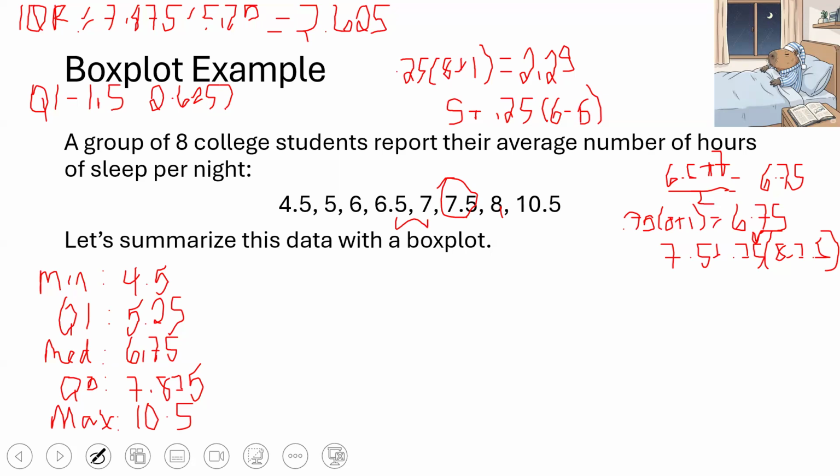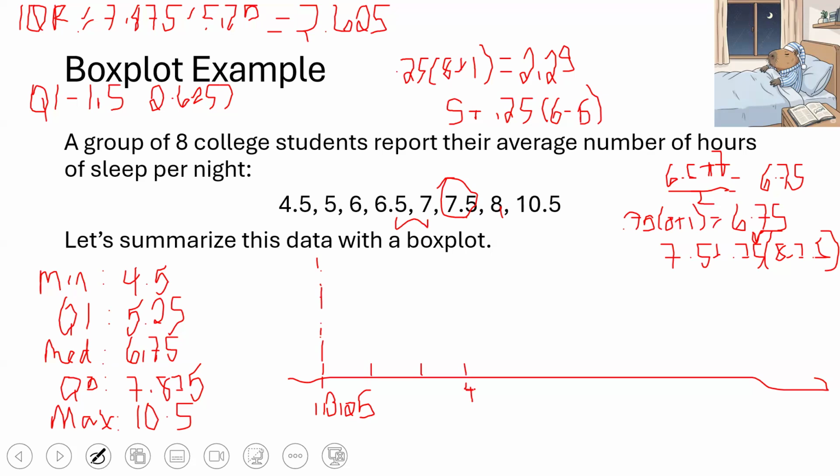So my lower fence is down here at 1.3125. That's the lower fence. Okay, so that's 1.3125. All right, let's call that 2, 3, 4, 5, 6, 7, 8, 9, 10.